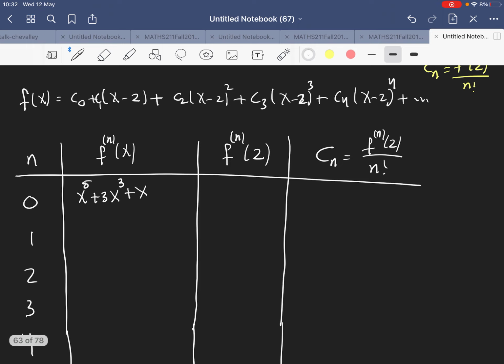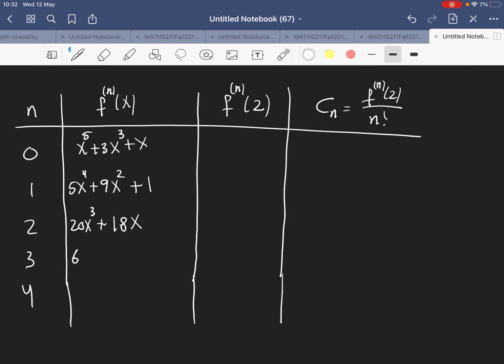So the first derivative is 5x^4 plus 9x squared plus 1. Next derivative, 20x^3 plus 18x. Next derivative, 60x squared plus 18.